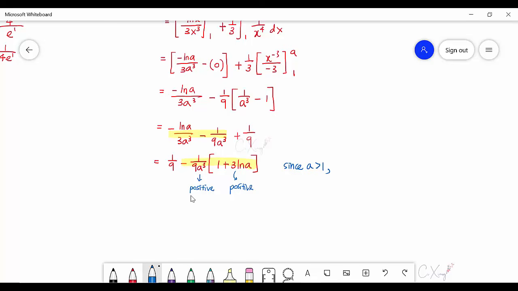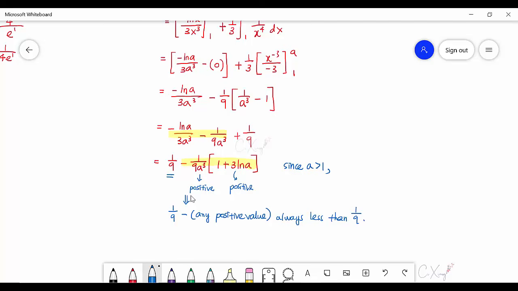All right, and after that, when we are having 1 over 9 minus any positive value, the answer that you get is always less than 1 over 9, right or not?